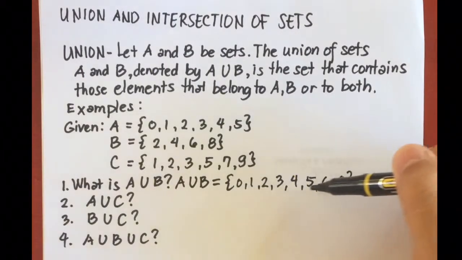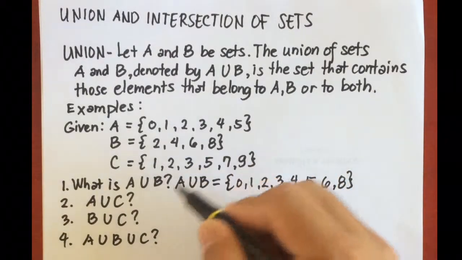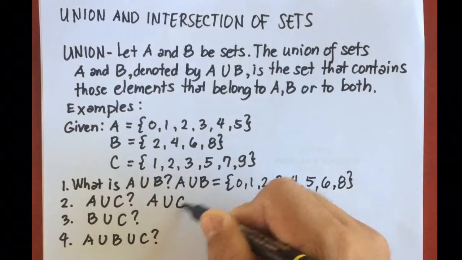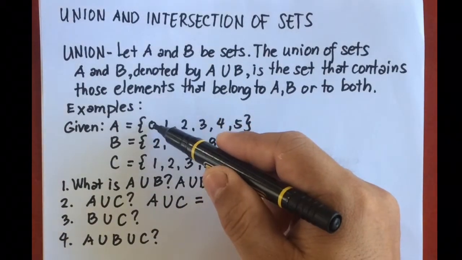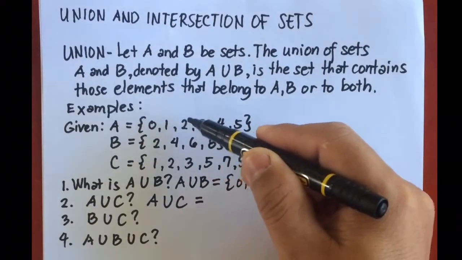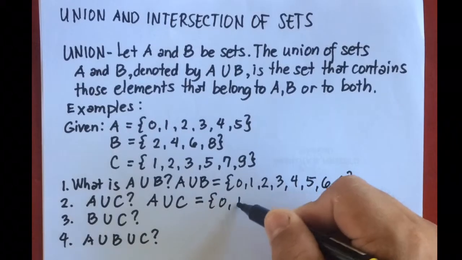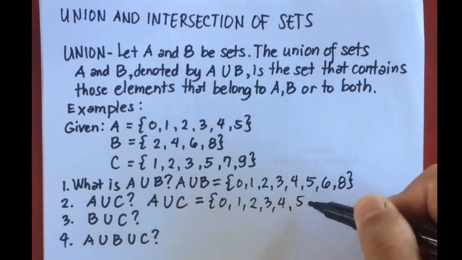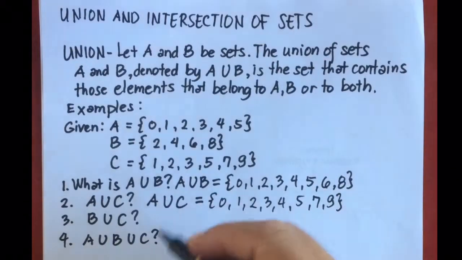Okay, so these are the elements found in A and B. Then A union C equals the elements found in A and C, so 0, 1, 2, 3, 4, 5, 7, and 9. So this will be your answer.